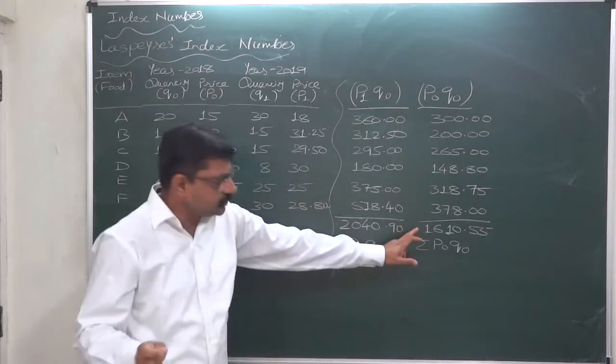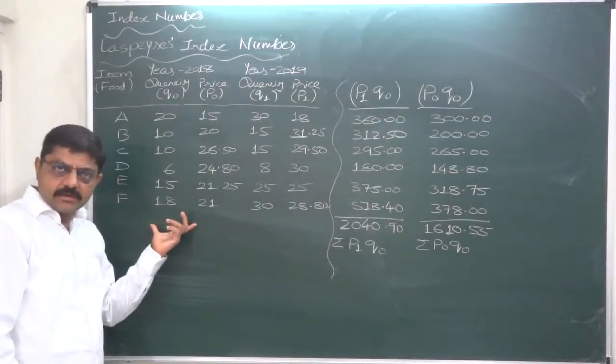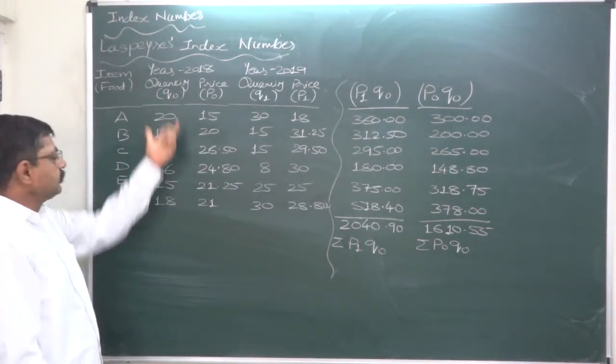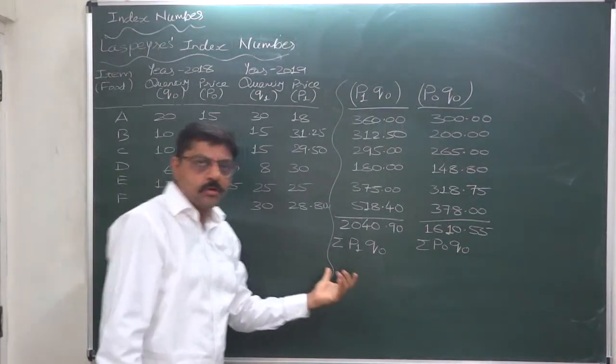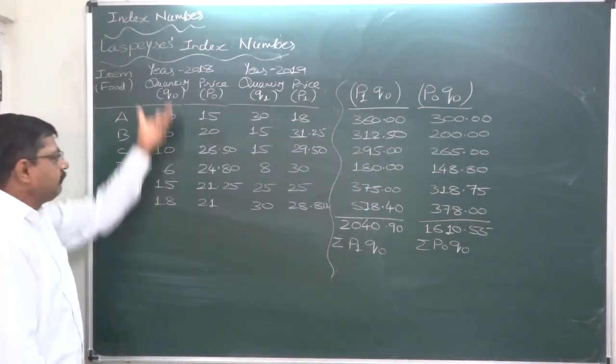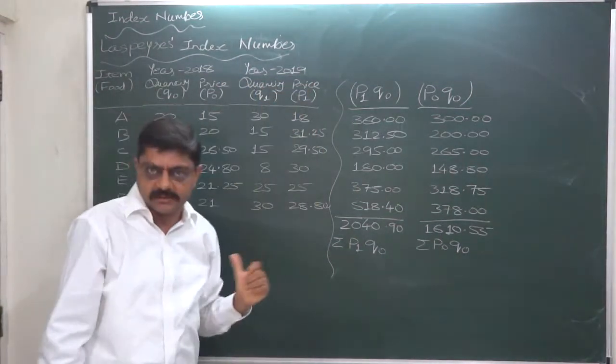This is real cost. We had actually paid this during the base year 2018 to consume this many units of all these 6 items. This is notional cost, if we consume the same number of units in the current year 2019 at current year prices.